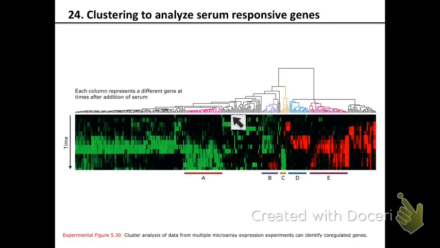So like I said, you can visualize your data however you want. So these researchers put all of their genes in the columns, okay? And in the rows, what we have is we have different samples that were taken at increasing time points after the serum addition.